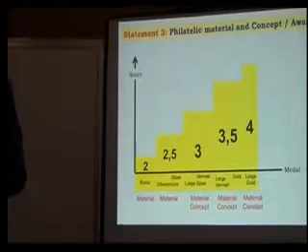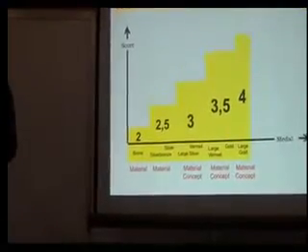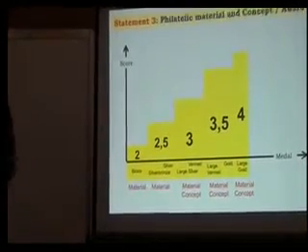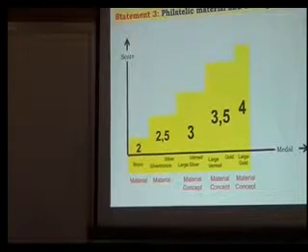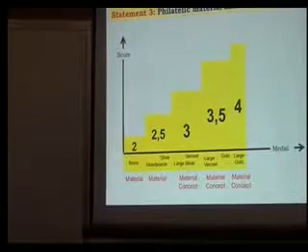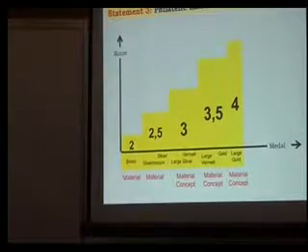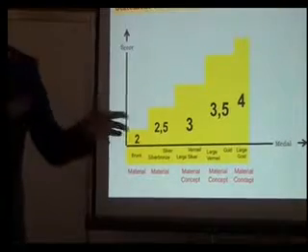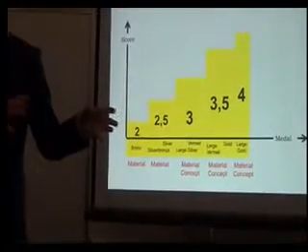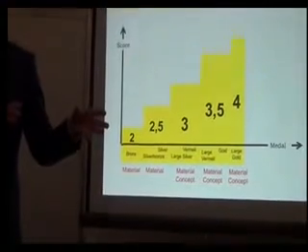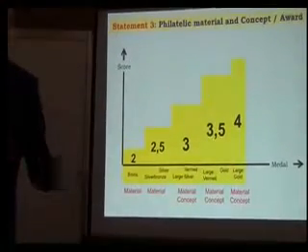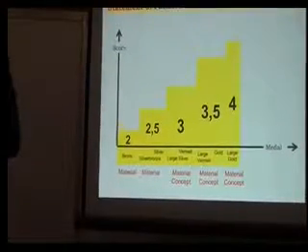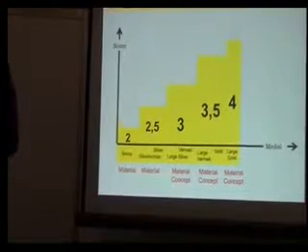In the beginning it is mostly focused on the material, but from generation 3 and onward, the material and the concept must go hand in hand, because you can be a very advanced philatelist, knowing a lot about the philatelic side of an exhibit, but if you are not able and successful to implement it to a good thematic story, it doesn't matter that you have good material and you are a good philatelist. You have to switch to be also a good researcher around the topic you are interested in, so to say.